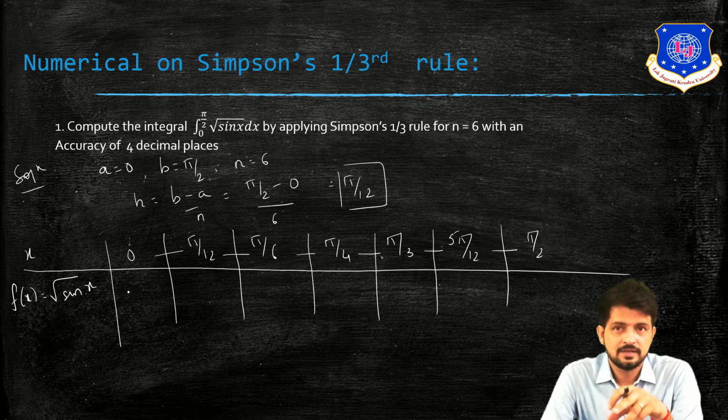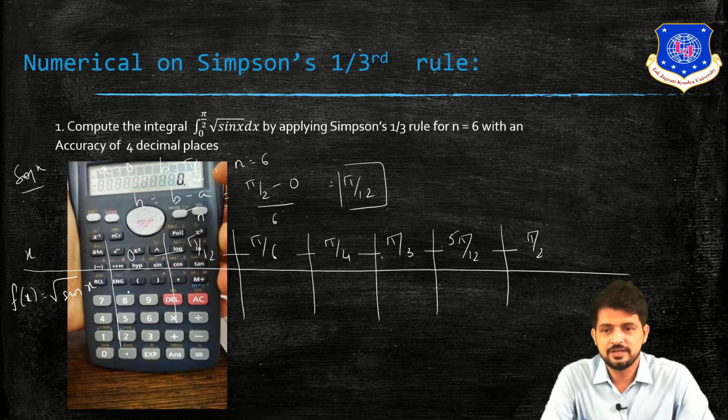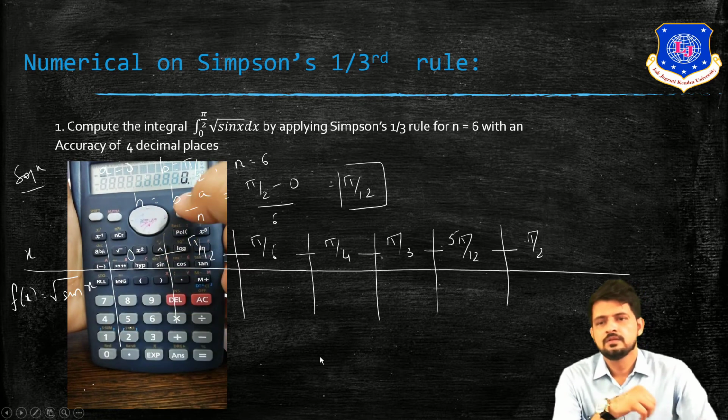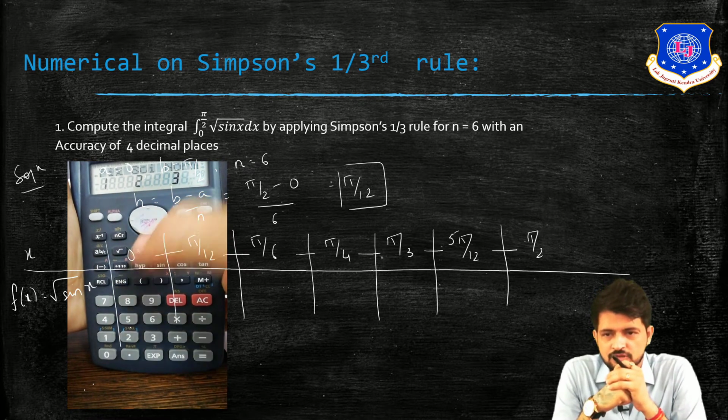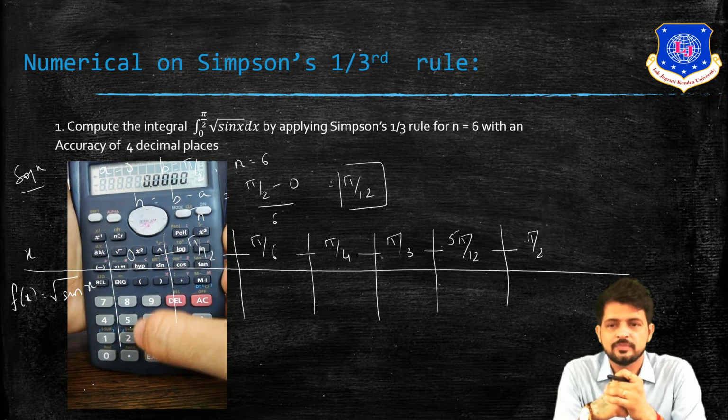We can make an equation in the calc, I will show you in the next video. First of all I am selecting the radian mode. I am fixing the decimal places at 4.